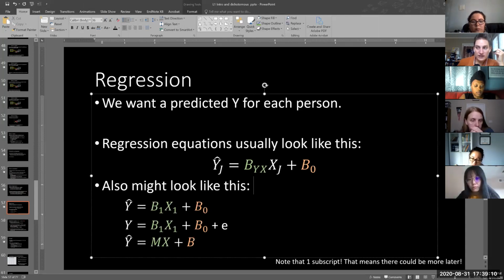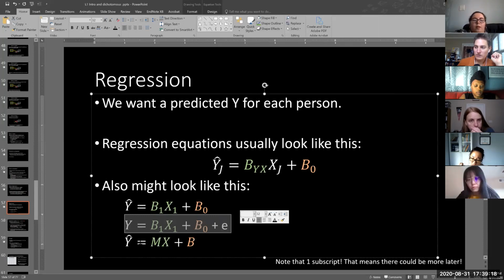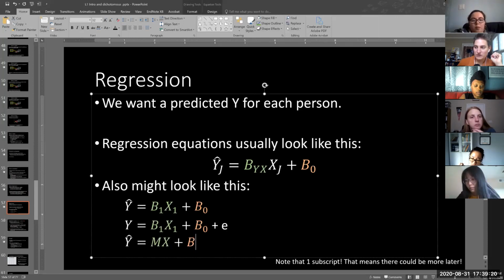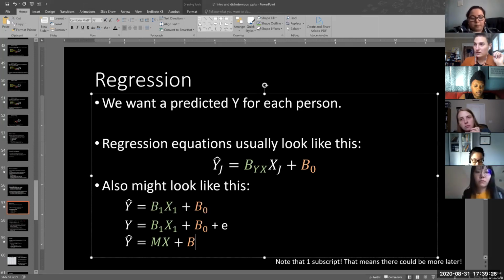But it can also look like this, with x1 and b0, or this one with the error term. It can also be y equals mx plus b. It can also be in the other order, because with addition it doesn't matter: y equals b0 plus b1 times x1, for example. So we can just flip-flop those around.